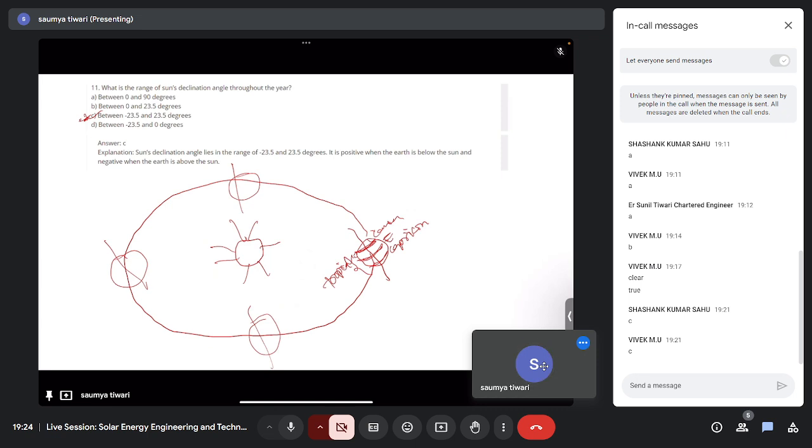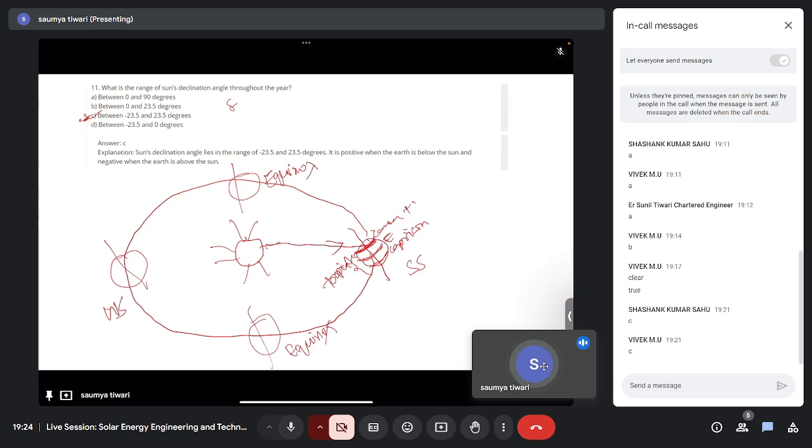Throughout the year, the maximum range through which the solar radiation is received on earth perpendicular to the earth surface is given by the declination angle. If these are the equinoxes, and say this is summer solstice and this is winter solstice, then in summer solstice the sun falls perpendicularly on the Tropic of Cancer.